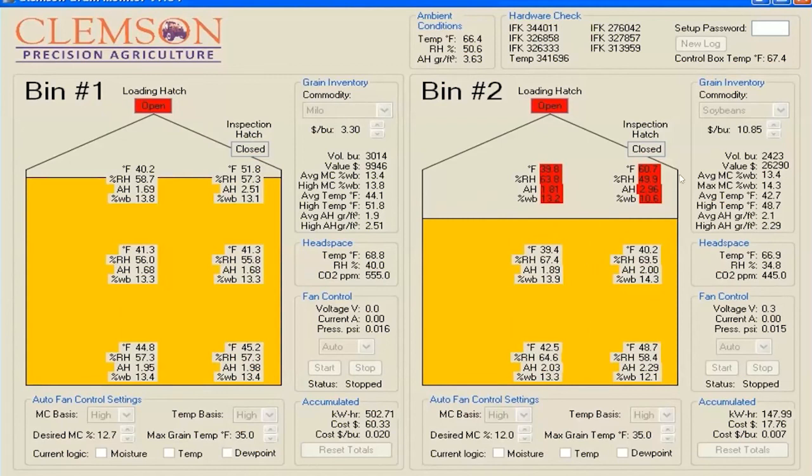At Clemson, we did this monitoring system, and using this system, we reduced close to 80% of energy usage just by running the system at the optimum time, and shutting it off when we don't have that optimum relative humidity or temperature.